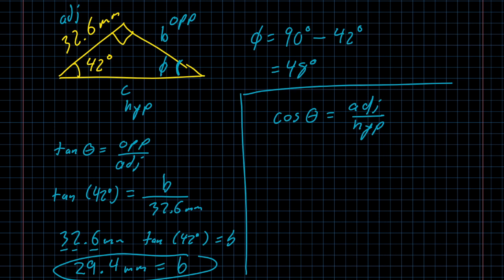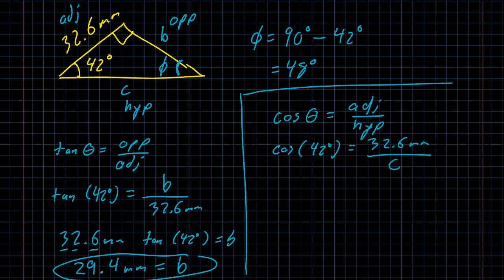And then plug in. The adjacent side is given, 32.6 millimeters. The hypotenuse C is unknown, and we notice here that the algebra is against us. But it's not that bad.